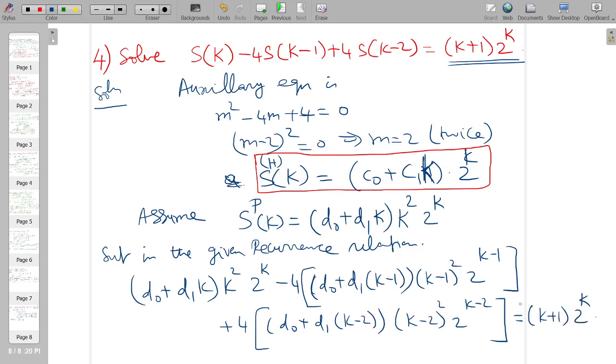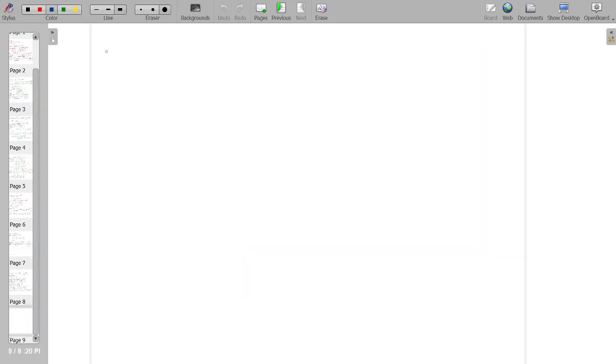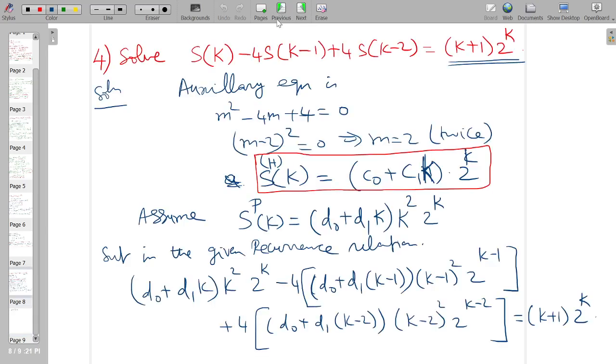Now what I do here is divide by 2 power k minus 2 on both sides, as usual. When I do it, what do I get?